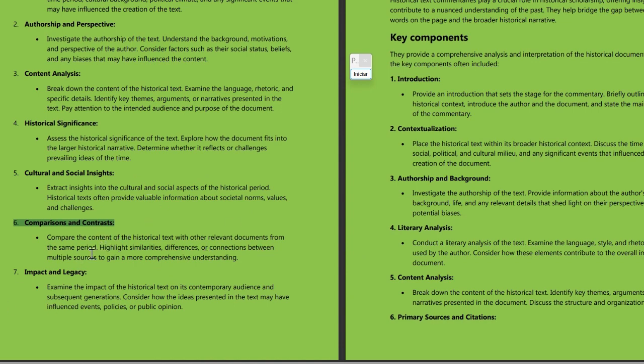Of course, we have to highlight similarities, differences, as said before, or connections between multiple sources to gain a more comprehensive understanding. So basically, we have to compare and speak about similarities, differences, even connections between that time and this time.